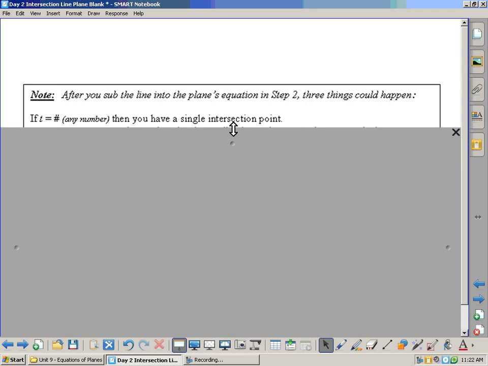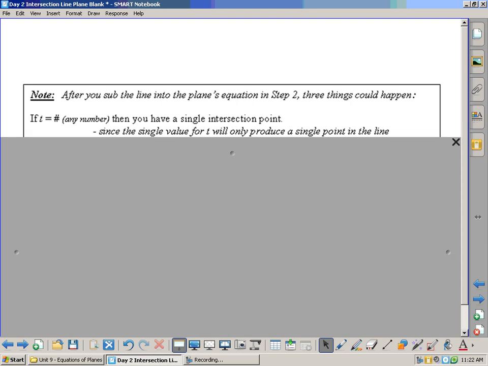So t equals 10, 15, 1, -6, even 0. If we get any number, then you'll have a single intersection point. And the reason is, since there's a single value for t, you'll only produce a single point on the line.